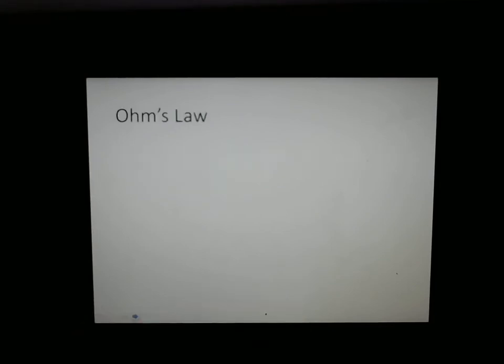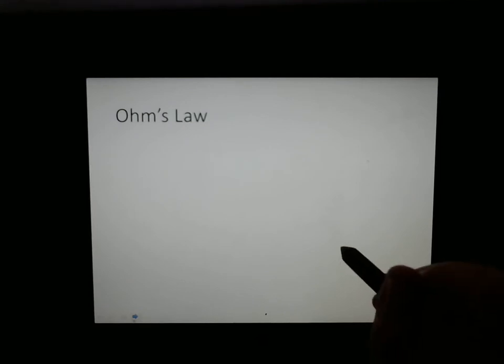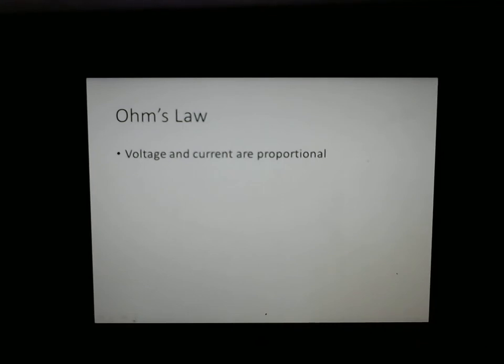In the 1800s, a physicist by the name of Ohm did some testing on electrical conduction and found that voltage and current are proportional to each other, if, and only if, he kept the other parts of his circuits the same.